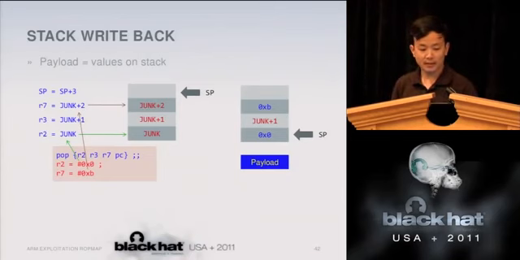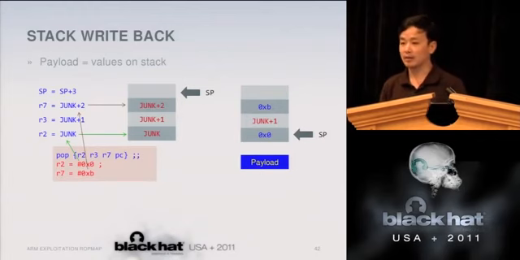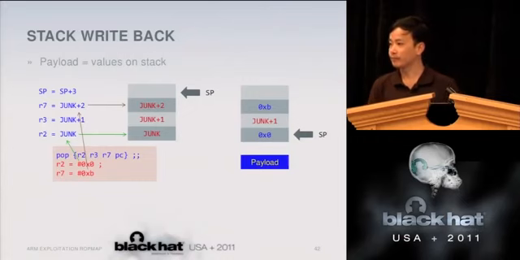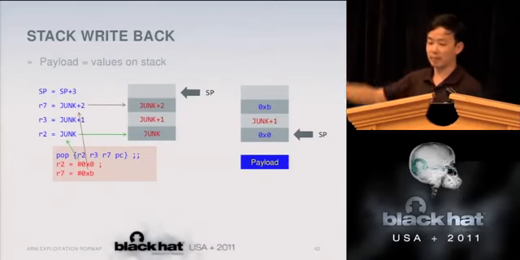We map back R7, which is /bin/sh, so junk plus 2, the third position on the stack, must be /bin/sh. The rest we don't care about, we fill with junk values. So the final payload we have on the stack is 0, junk, and /bin/sh.